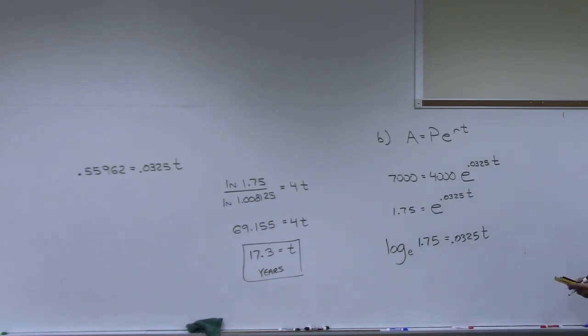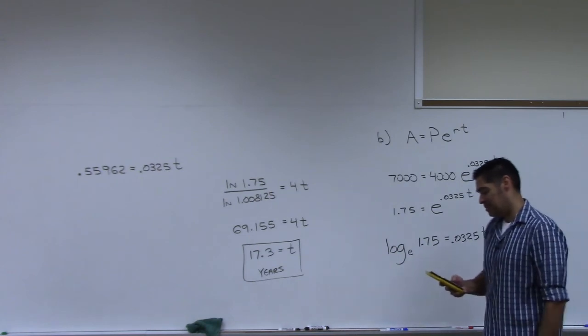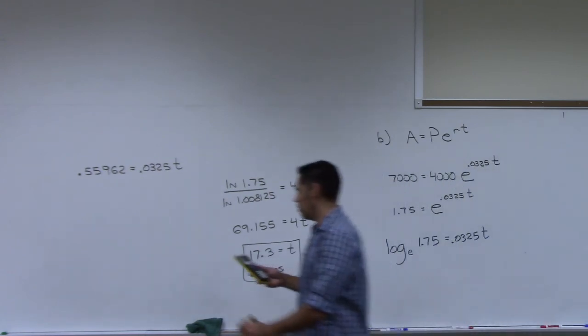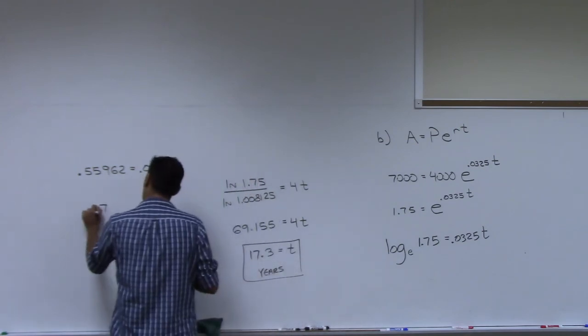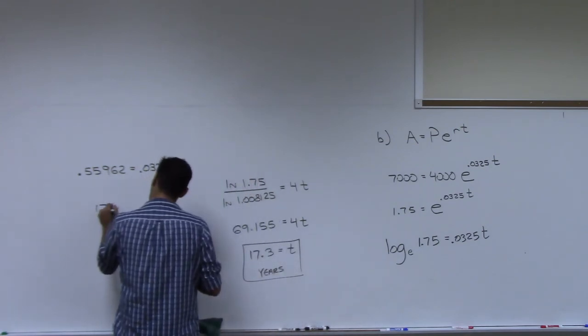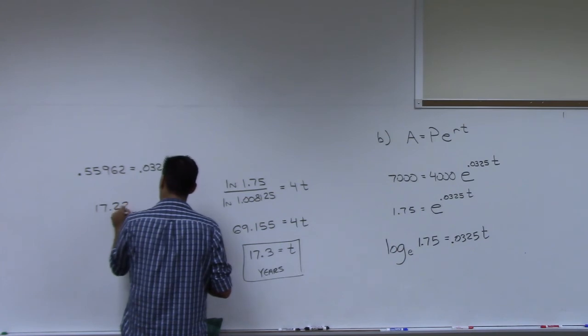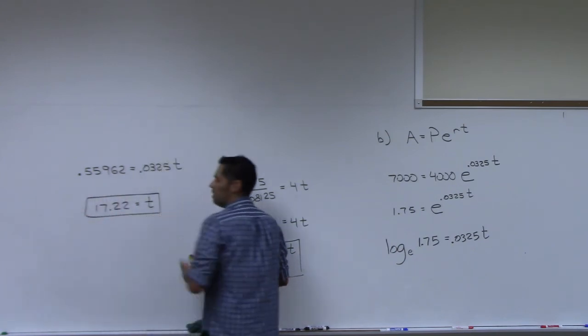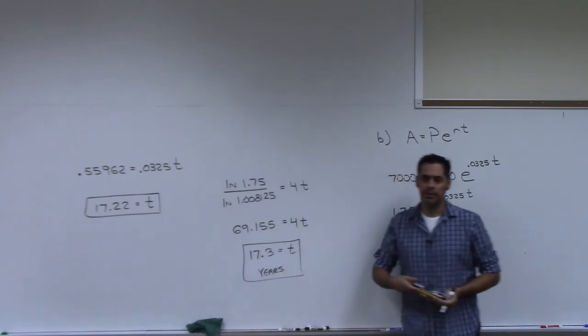So take that number, divide both sides by 0.0325. Oh, it's about the same thing. Did we round? We rounded the other one, right? This one comes out to be about 17.21 or 22 or something like that equals t. So you're still waiting 17 years for this to happen.